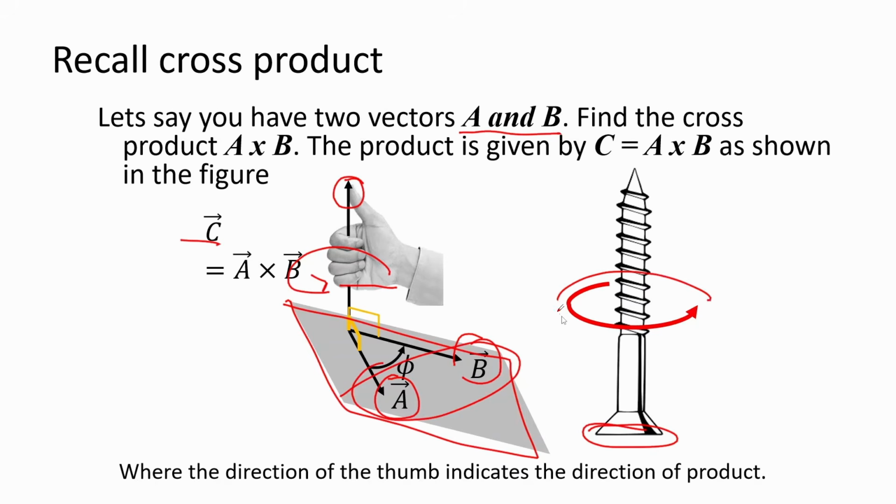Then your right hand would curl in the direction of your screw. And the tip is just like the thumb, indicating the direction of the vector C, which is the cross product of these vectors A and B that lie on the same plane.